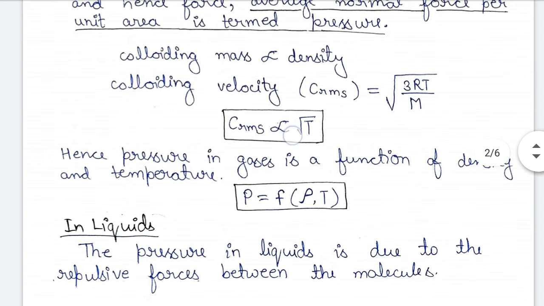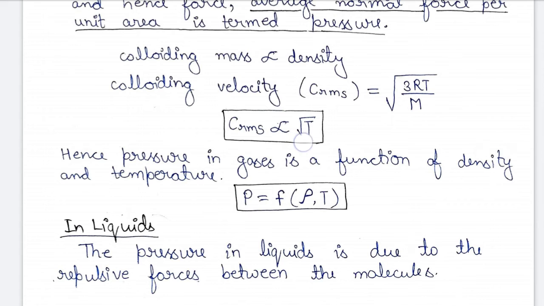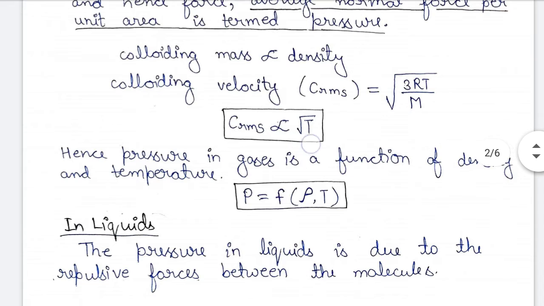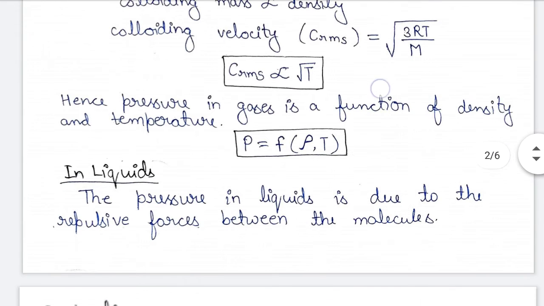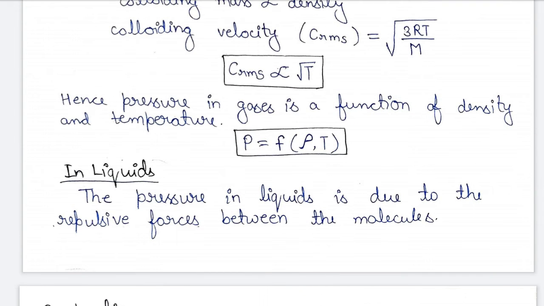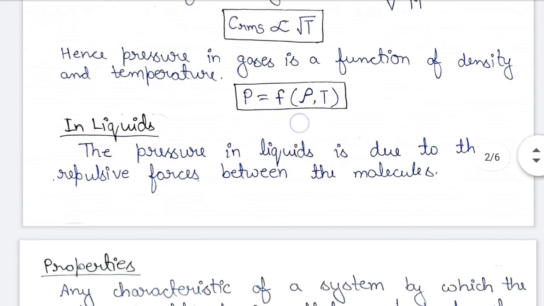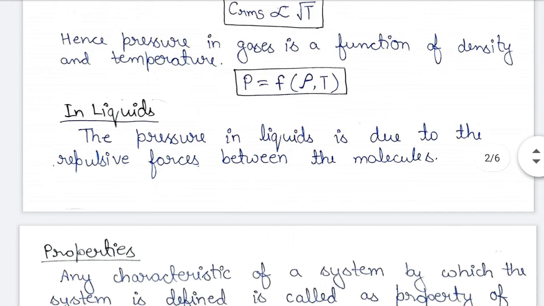So we get the root mean square velocity, that is the colliding velocity of the particles, which is directly proportional to the square root of the temperature. So by this we get that pressure in a gas is a function of density and temperature.